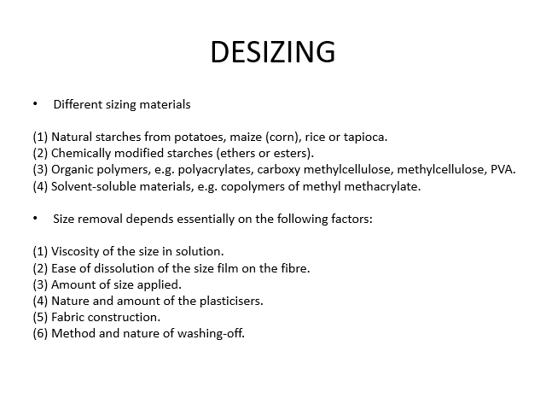Then the method and nature of the washing-off process. After the desizing, removal of degraded size, by which process or on which machine we are removing it, is also important. Otherwise, size removal from the fabric will be more lengthy, or we can say more difficult.